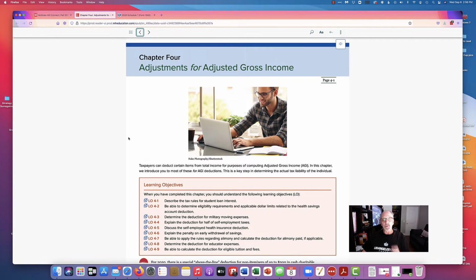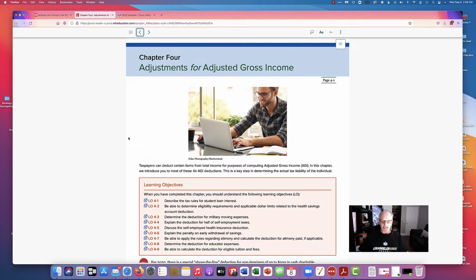Learning objective number 7, for those of you who are divorced, has to do with alimony paid. As a result of the Tax Cuts and Jobs Act of 2017, and you kind of should notice by now, since Chapter 1, that it would be important for you to read the Tax Cuts and Jobs Act of 2017 because it affected so many different aspects of personal income tax.